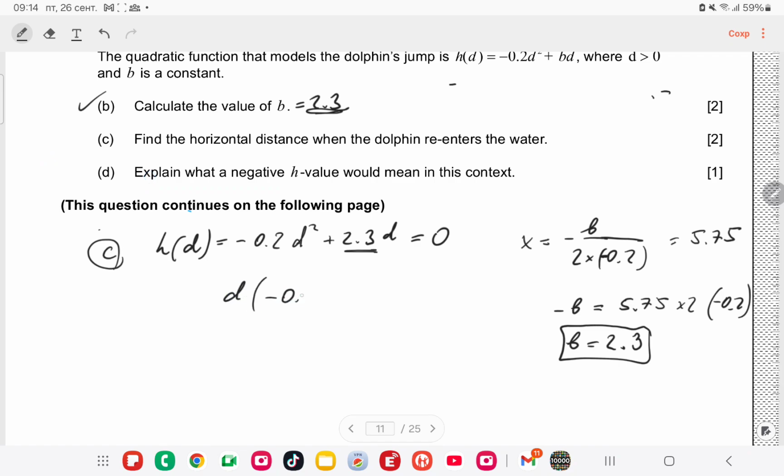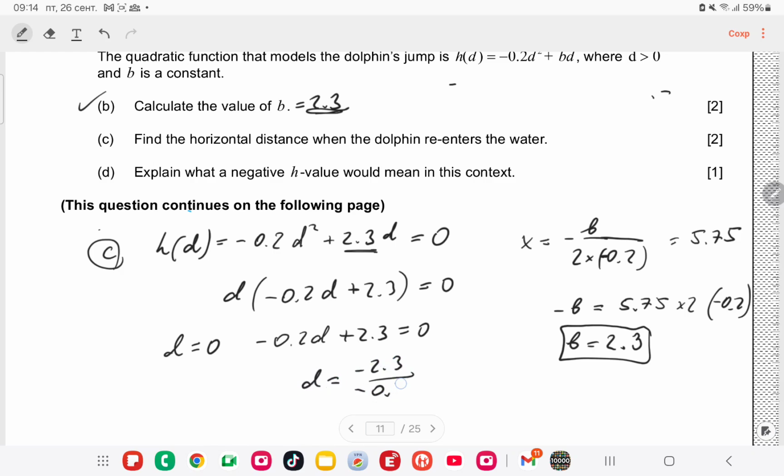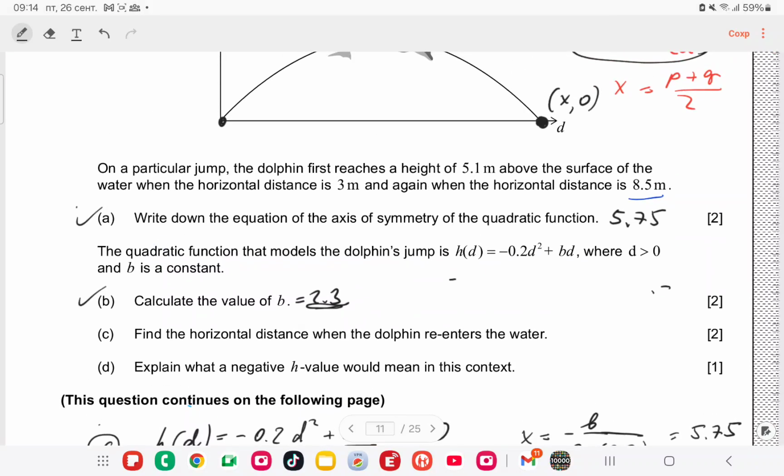Let's take d out of brackets: d times negative 0.2d plus 2.3 equals 0. That's how we get d1 equal to 0, and for the second equation we get negative 2.3 divided by negative 0.2, which is 11.5. So what does it mean in terms of the problem? 11.5 is this distance. So next 2 points is yours.